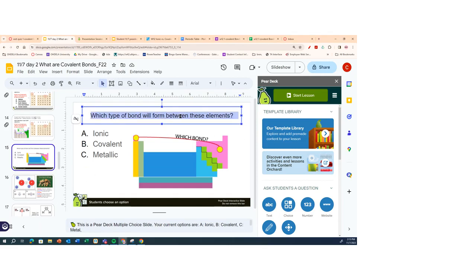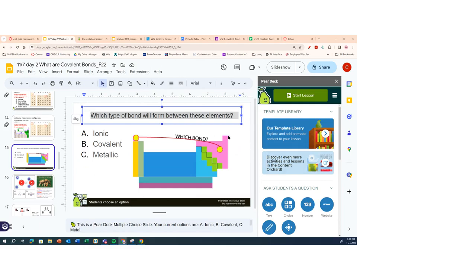Copy, control, paste. Okay, start a poll. I can't do it until I do this. There we go. A, B, and C. Okay, start a poll. All right, so which of these, A, B, or C, is formed here?